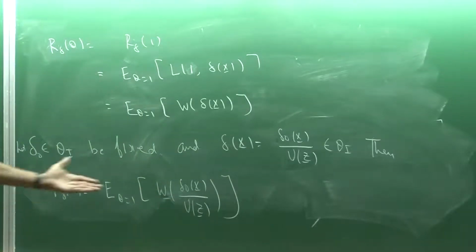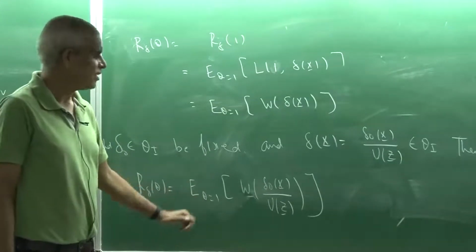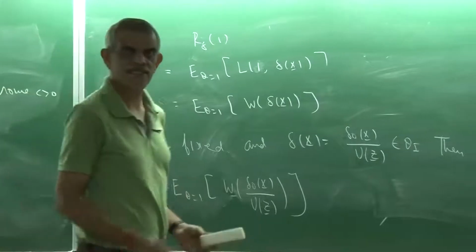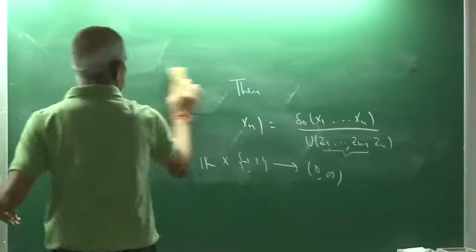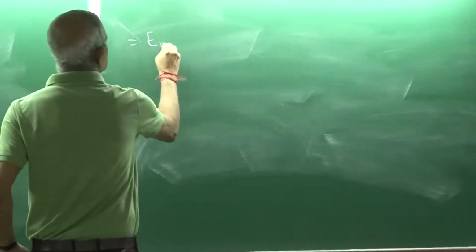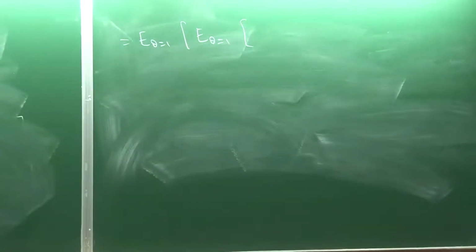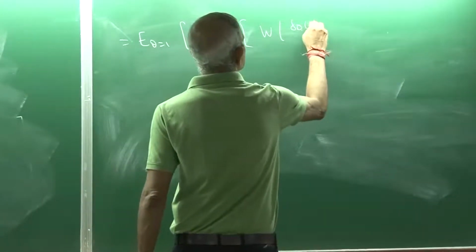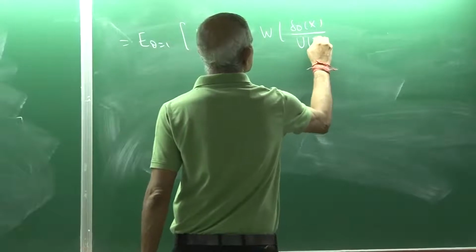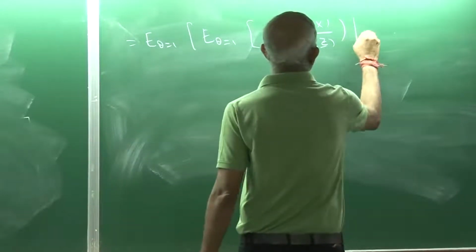So what I do? I make this conditional expectation, as this expectation does not depend on theta. So I convert this expectation into expectation of a conditional expectation. So this makes E theta is equal to 1, expectation of a conditional expectation, W of delta naught x by u given z.